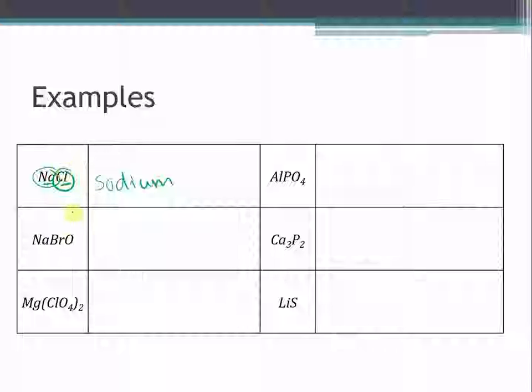Our anion is monatomic. It's just one element from the table. So we will keep the root, chlor. Then we will change the ending to IDE. So NaCl is sodium chloride. That's just table salt.